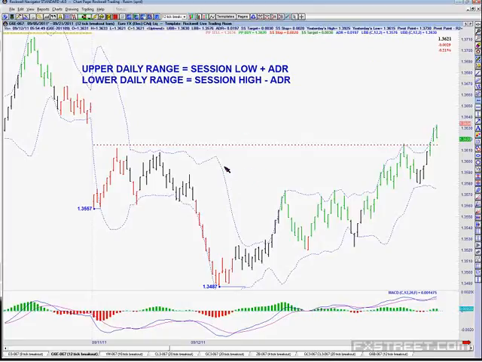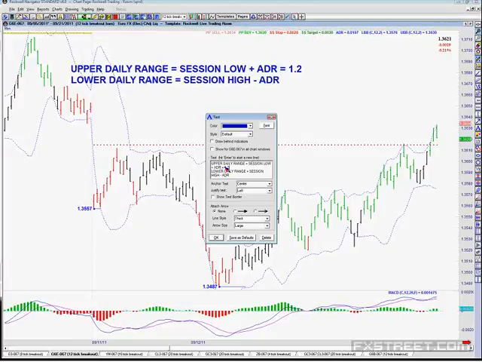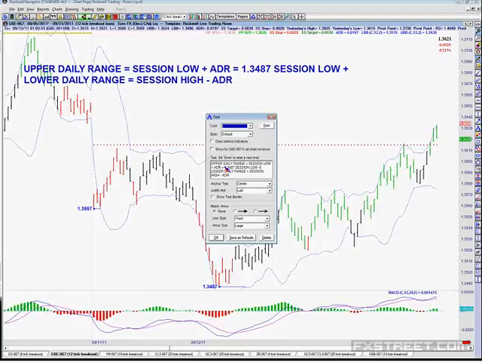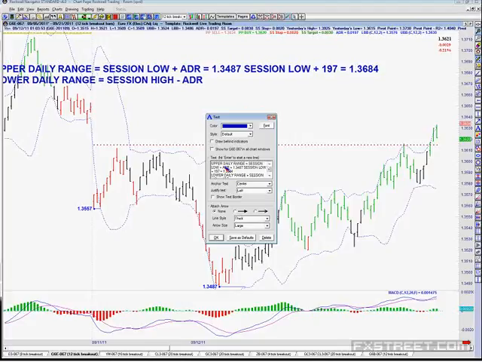And again, like the average daily range, this can be calculated and plotted just depending on the software that you're using. But in this case, 134.87 is the session low, and then we add 197, and that gives us 136.84.